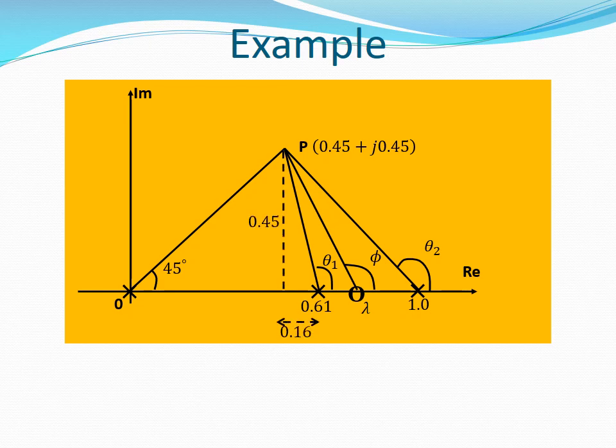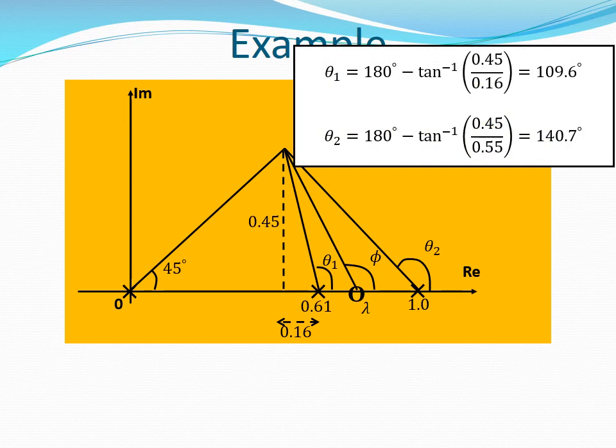Let's consider theta 1. The vertical distance from the point P to the horizontal axis is 0.45. The distance from the point at which a line erected from P crosses the horizontal axis to the pole at 0.61 is 0.16. Therefore, we can use trig ratios to obtain the angle theta 1.